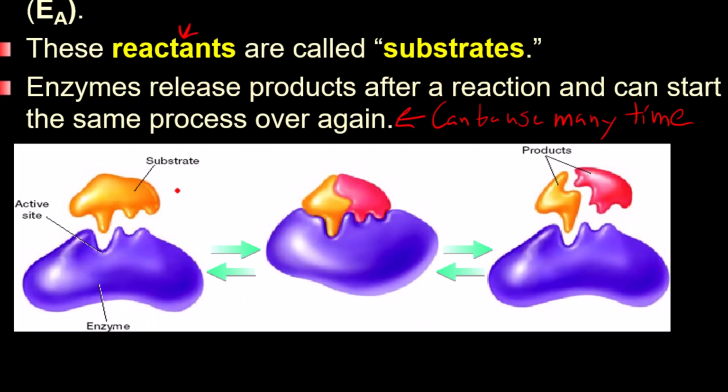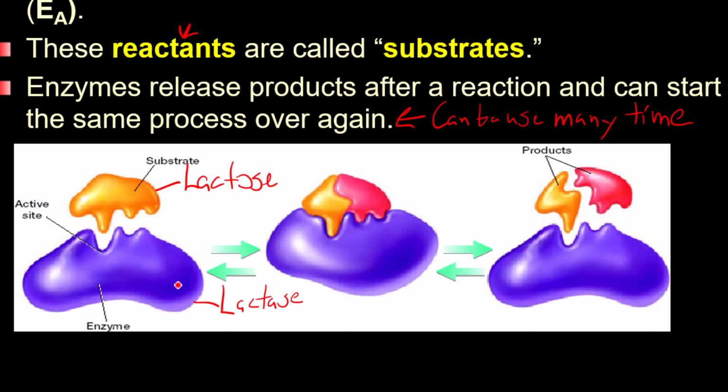So this is our substrate, which would be like lactose. This is our enzyme, lactase. This is a really good example because lactose is comprised of two sugars that are bonded together.